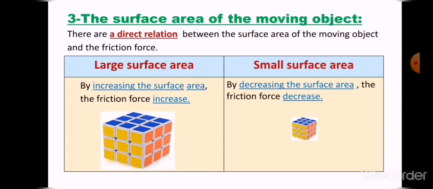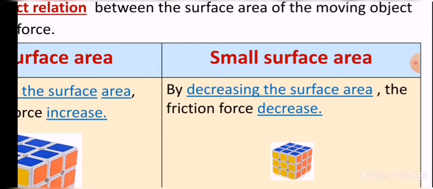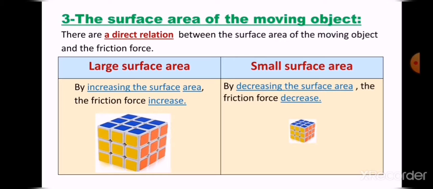Friction force increases by increasing the surface area. But on the small surface area, by decreasing the surface area, the friction force decreases. So there is a direct relation between the surface area and the friction force.